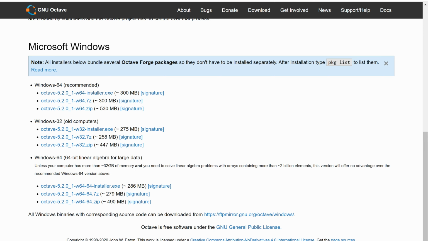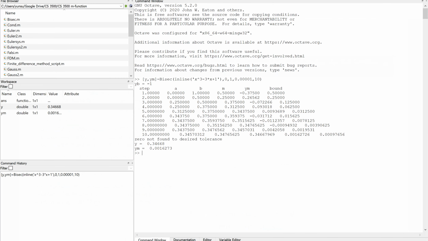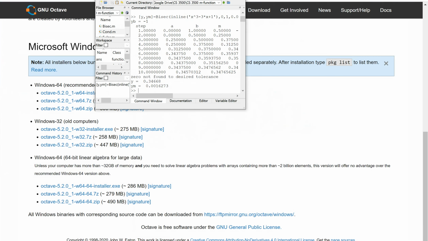Because I'm at home with my personal computer, I just download Octave. I forgot my license for MATLAB. I have MATLAB on my office computer and my classroom computer, but here I don't have it. So I just downloaded this, and this is the Octave. So far so good, everybody.